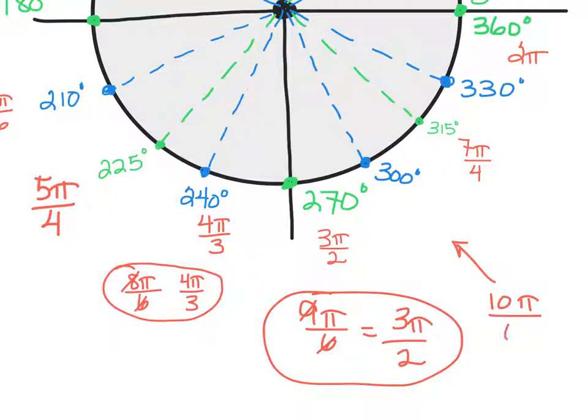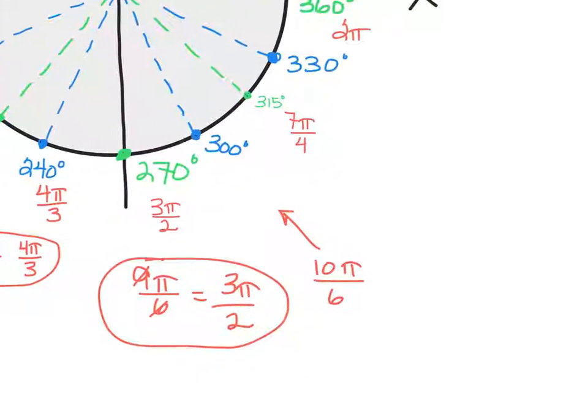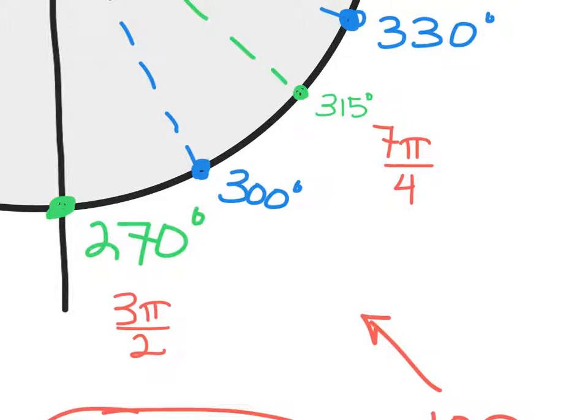And again, 10 pi over 6 can be simplified to 5 pi over 3. And so 300 is 5 pi over 3.